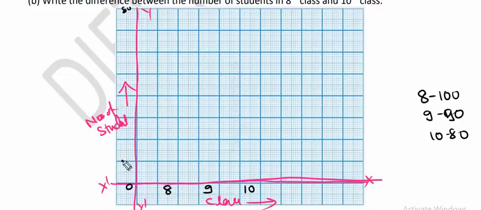So we put 0, 20, 40, 60, 80, 100, which is enough. Now we mark the 8th class. For 8th class we mark both these two lines, that means 8th is equal to 100. So you mark 100 with two dots. By joining these two dots you get a bar of the bar graph.